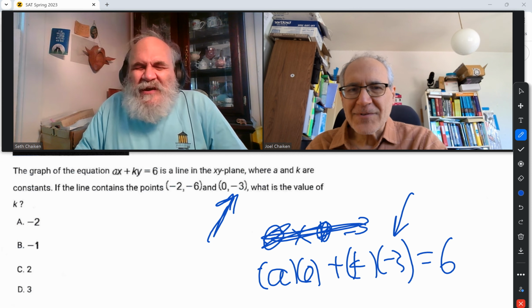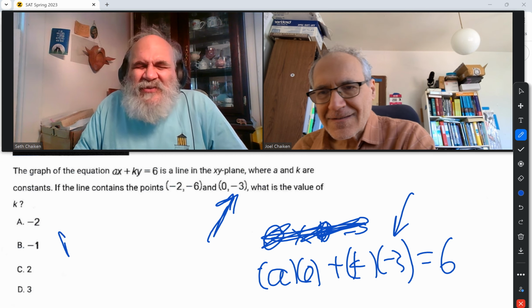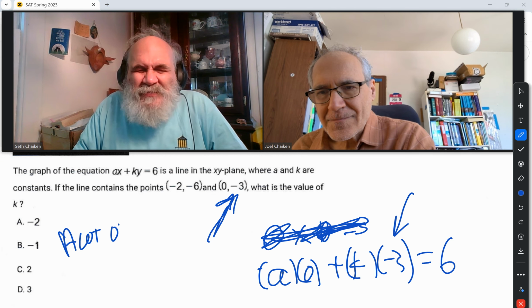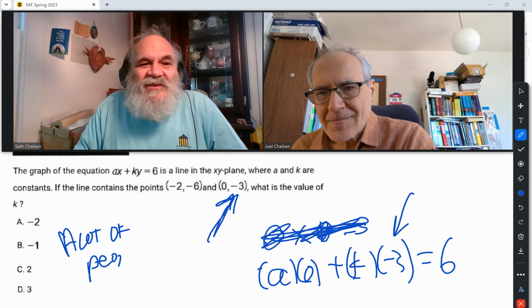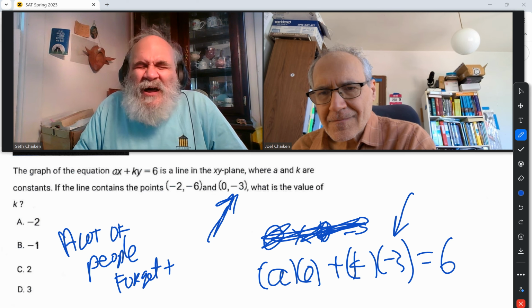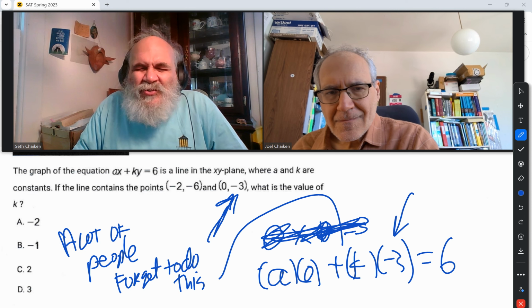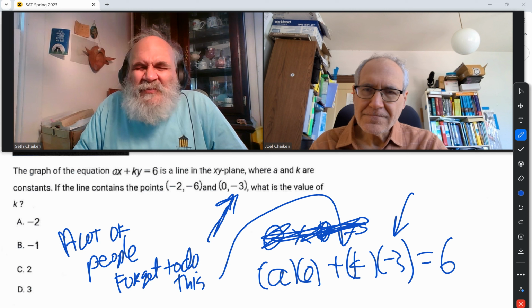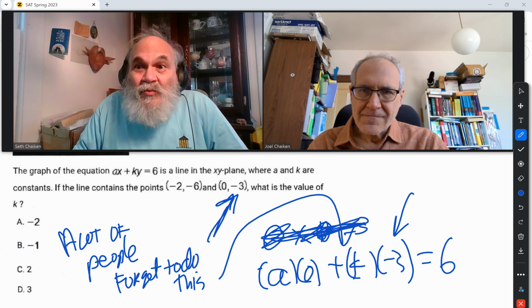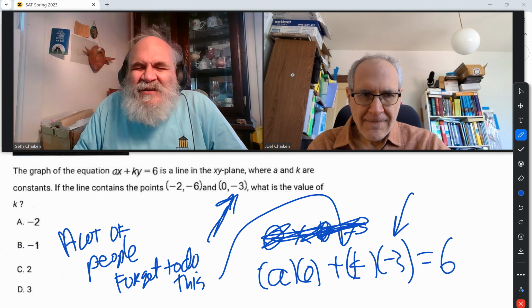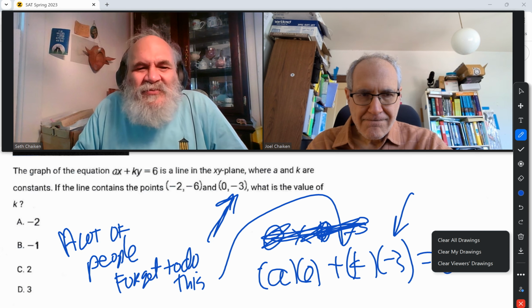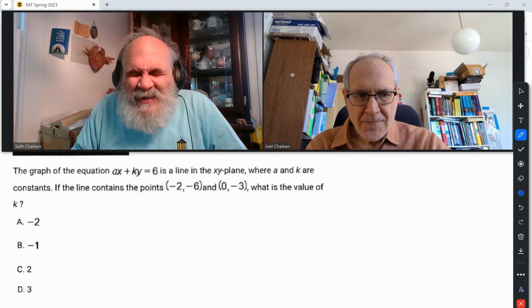Their approach is to take the equation that they give you for a line and transform it into slope-intercept form without using any information about a and k.